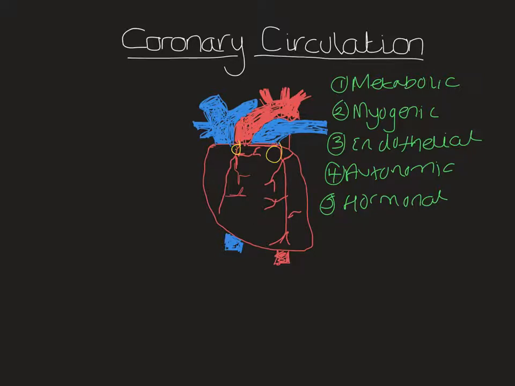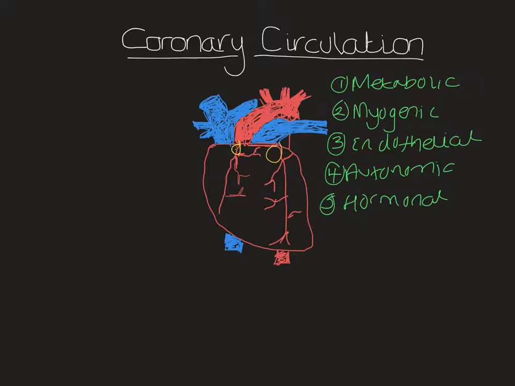The autonomic system also has an effect on the coronary circulation. Alpha adrenergic receptor stimulation causes vasoconstriction, specifically alpha-1 receptors. Beta receptor stimulation causes vasodilatation of the coronary vessels and also increases heart rate and contractility, which causes an increase in oxygen demand.